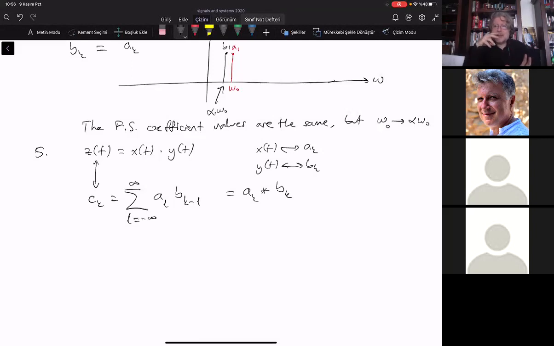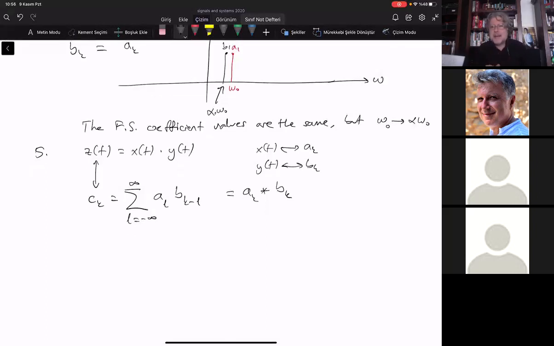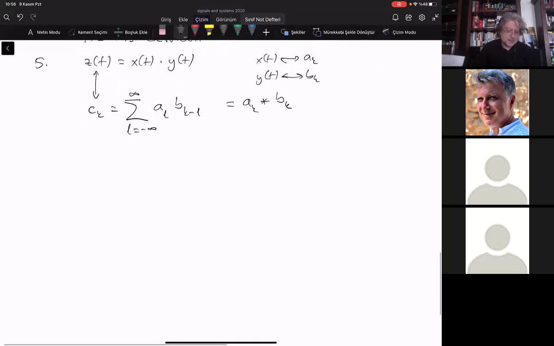And when you multiply with that kind of a sinusoid, their Fourier transforms will be convolved, and you will see what it really means in the frequency domain. We will come back to that one. But if you multiply in time domain, you convolve in the Fourier domain. Okay, that is the property that you will have to remember.